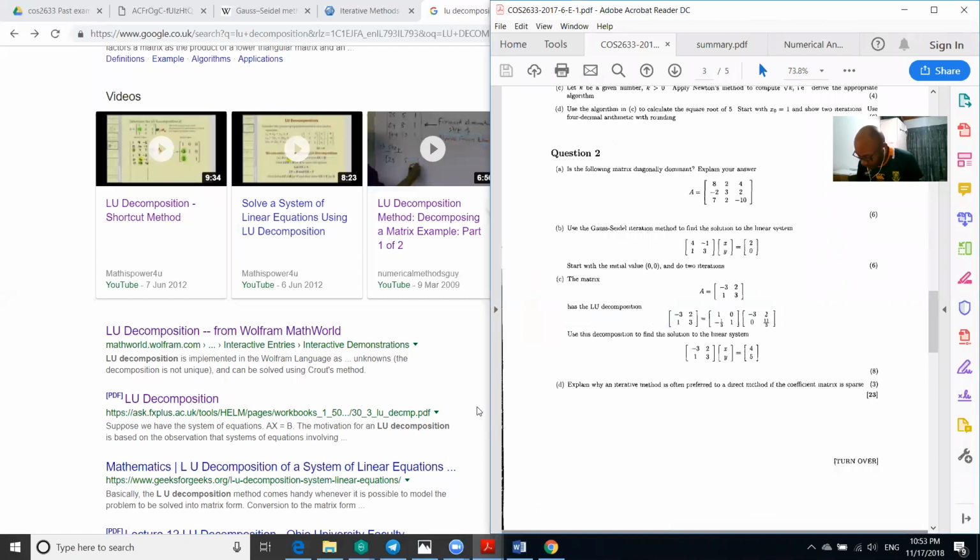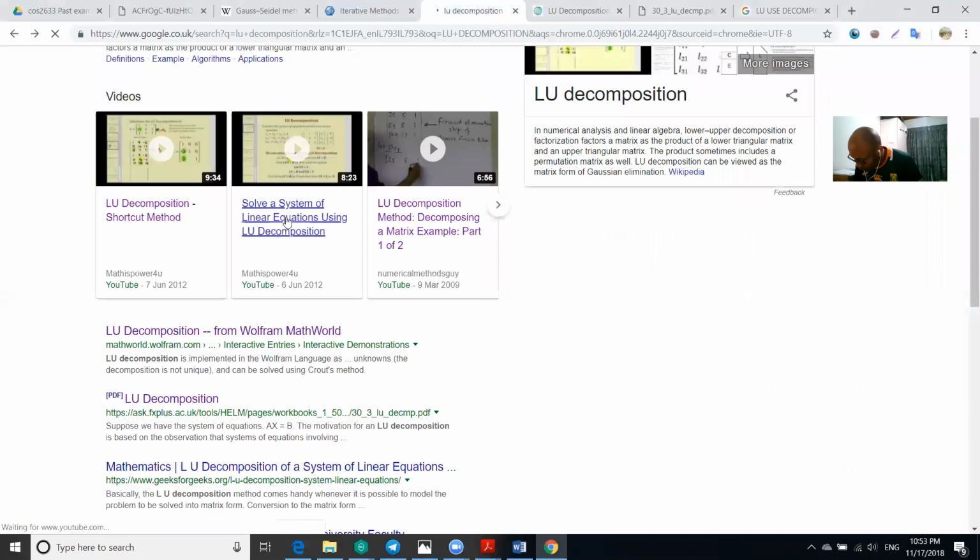We can multiply that with y1 and y2 to get our B, which is 2 and 0, right? So we can solve.